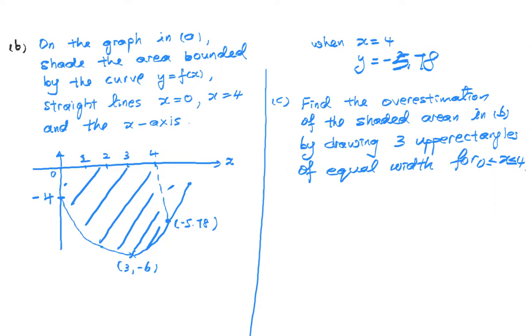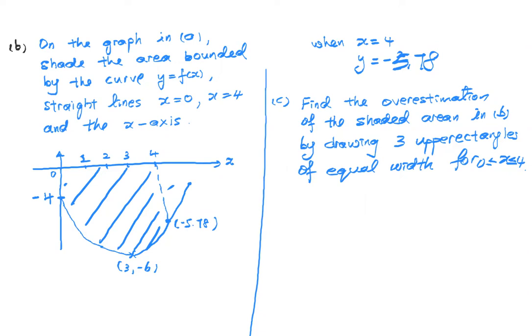So now you draw the upper rectangle. That means the area of the rectangles must be bigger than the area of the shaded region. So first of all, you have to find the width first. Please find the width first.